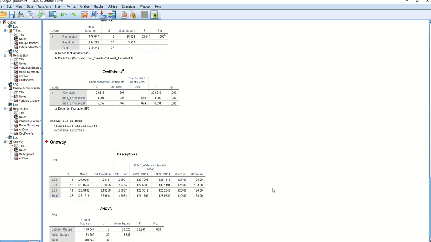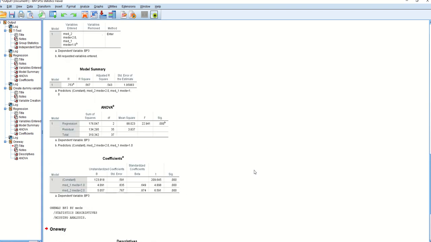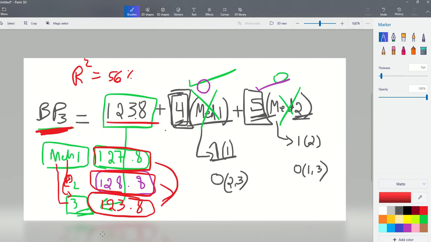So first of all, 123.8, yes, that was, if you remember here, 123.8 came for the predicted for med 3, med 1 was 127, and 128, okay?